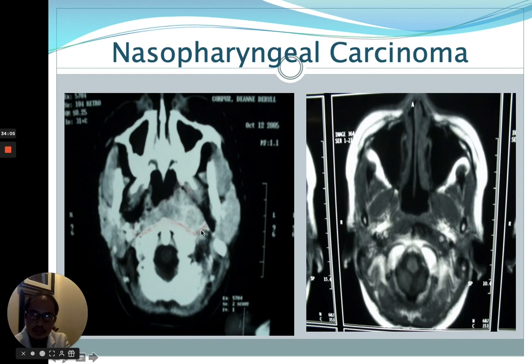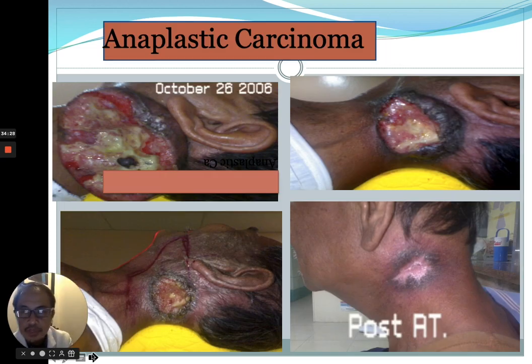The patient undergoes 35 sessions of radiation, and after 35 sessions, you would note that the tumor here is already gone. During the treatment, we have to protect the ears, the spinal cord, and the parotid glands to minimize the side effects. So this is 35 sessions of radiation therapy.